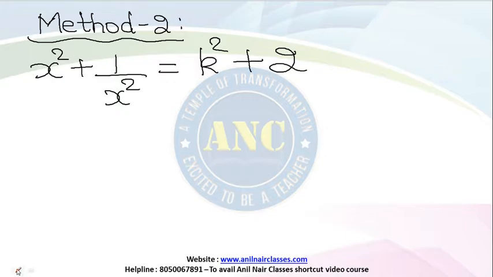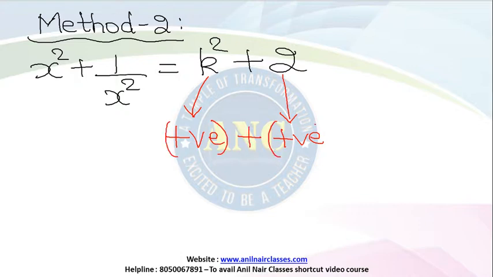K square is a perfect square, and a perfect square will always be a positive value. 2 is anyway a positive value. I am adding a positive value with another positive value, so my final answer also will be a positive value.